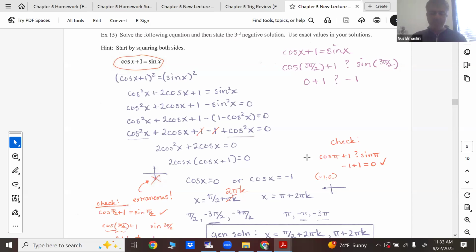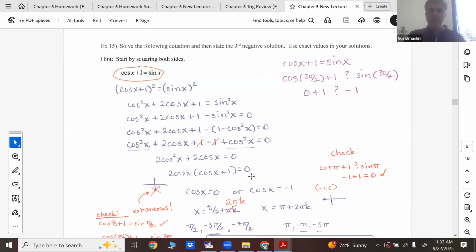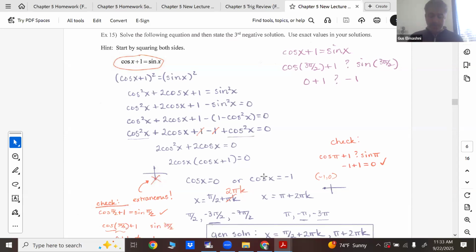Good. So the right side gets sine squared x. You'll need to do some factoring afterwards. And by the way, check your answers. One of the answers will be extraneous.